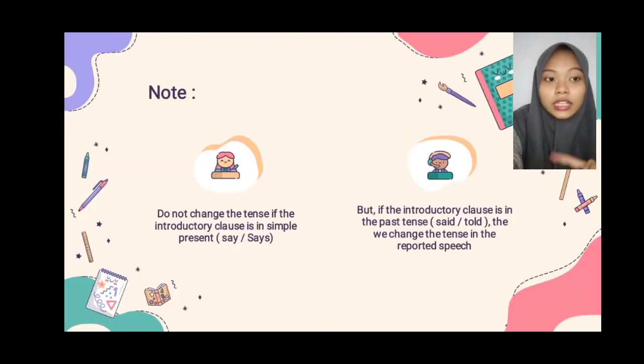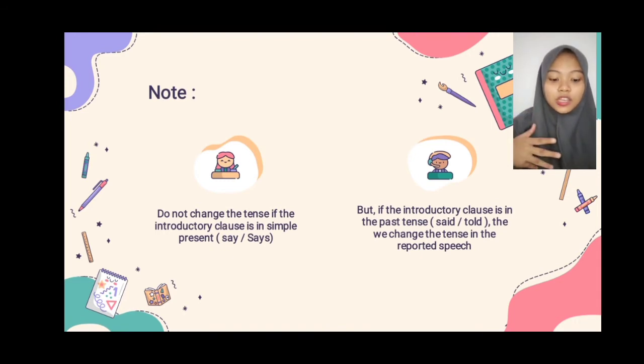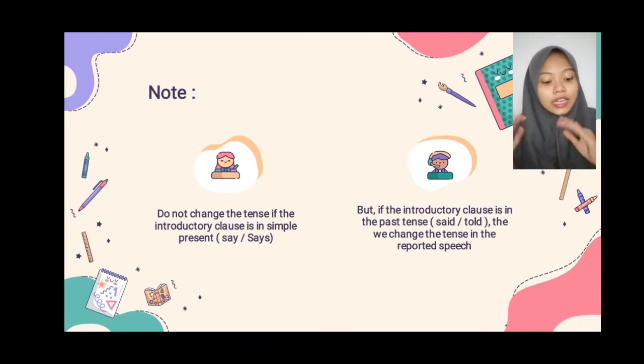Next slide is the note. Do not change the tense if the introductory clause is in simple present, say or says. For example, she says, I like coffee. In indirect speech, she says that she likes coffee.